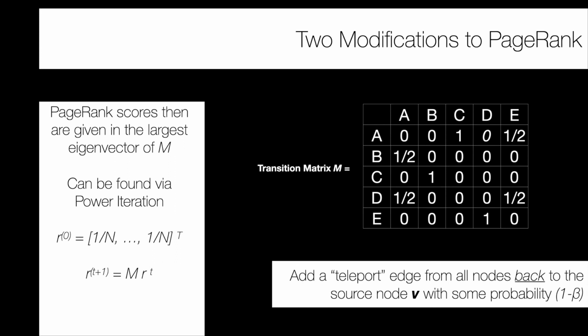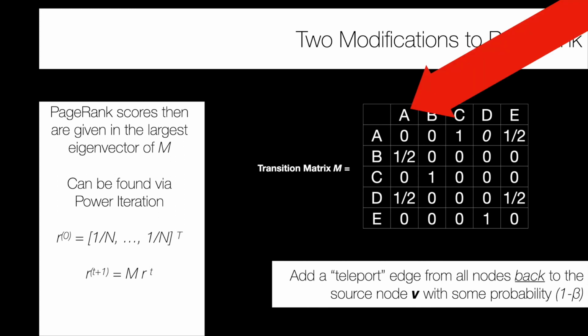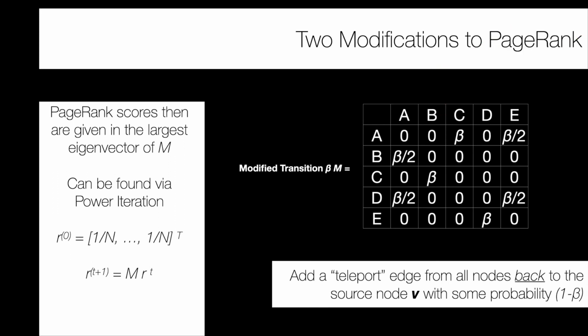We can modify this transition matrix slightly for focusing on, for example here, node A in the graph. We'll modify this transition matrix by multiplying all of the edge weights in the stochastic transition matrix by our beta value. Remember, this beta is the probability of continuing this random walk throughout the graph. And then we will add the source node transition from all nodes back to the source node.